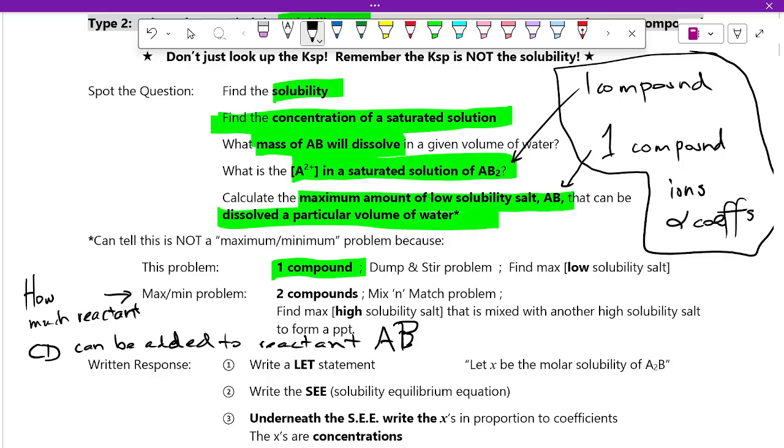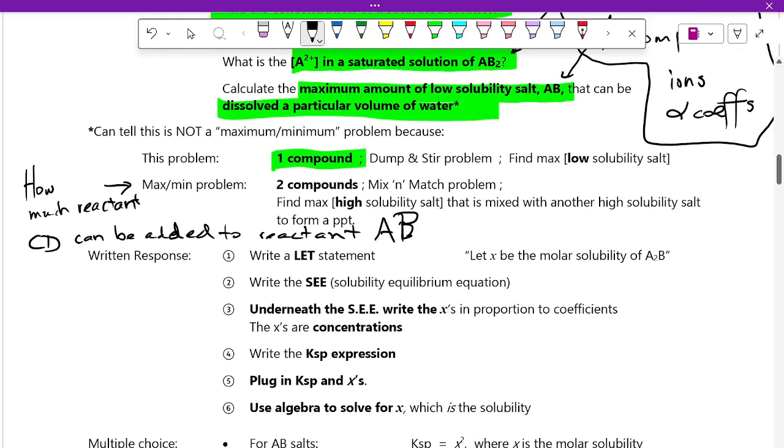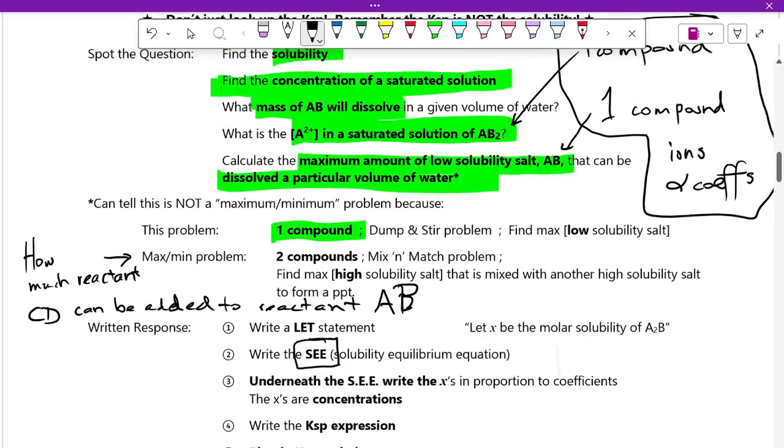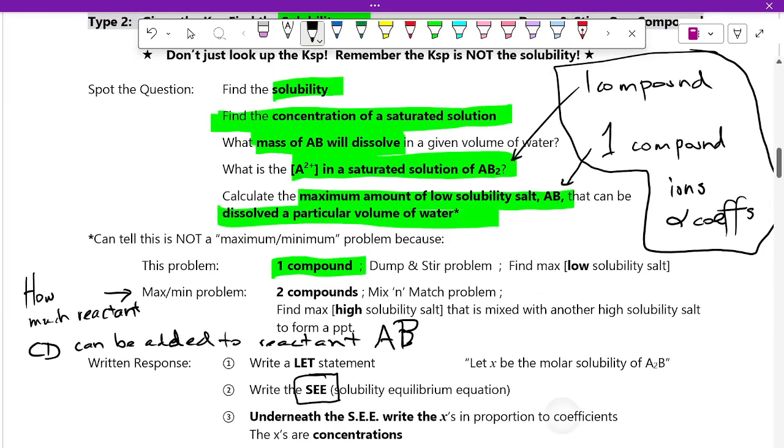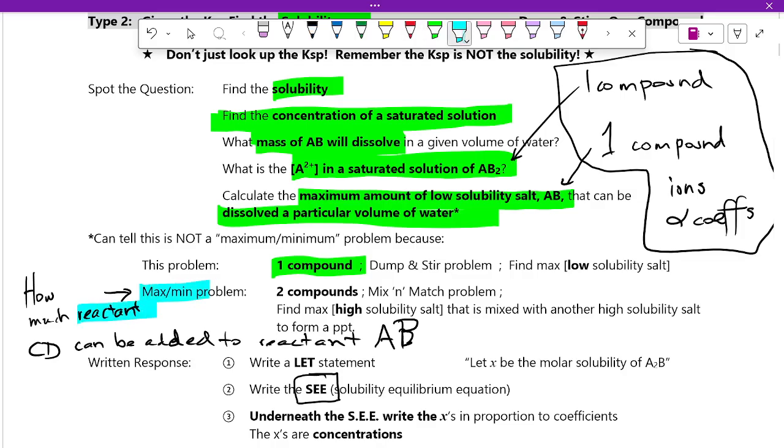All right. So how do you do this? You write your let statement, let X be the molar solubility. And then, of course, for all of these questions, you write the C. How much reactant CD can be added to reactant AB? In a max-min problem, you would have two different reactants, right?